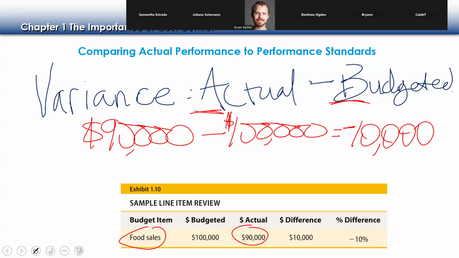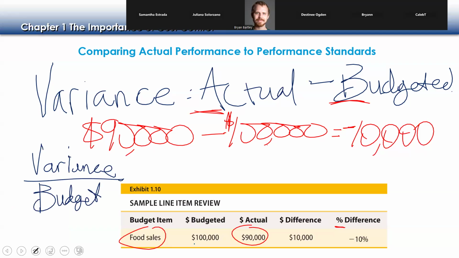Okay. And then we want to find that percentage. In business, we like percentages, right? It's a lot easier to say that we're over or under by a certain percentage than the actual dollar amount. So what we do is we take what our difference is, the variance, and we divide by our budgeted amount.